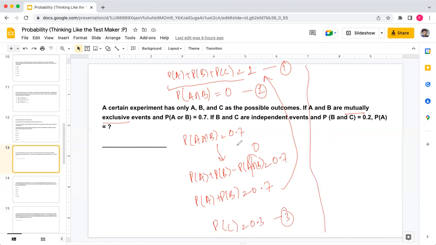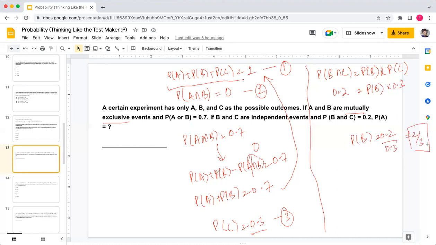Let's call this the third one. Now let's see further. B and C are independent. If two events are independent, their AND probability will be the product of their probabilities. So P(B and C) equals P(B) into P(C), and P(B and C) is equal to 0.2. We need to find P(B), and P(C) is already found, which is 0.3. So P(B) will be 0.2 by 0.3, which is 2 by 3.